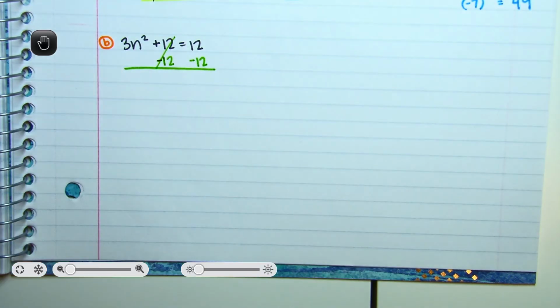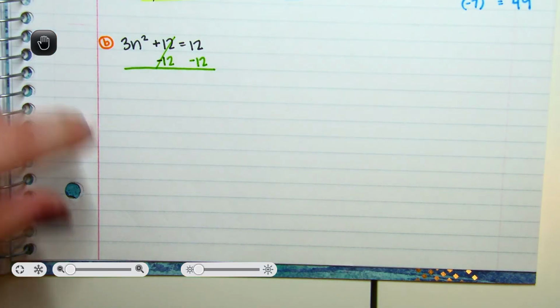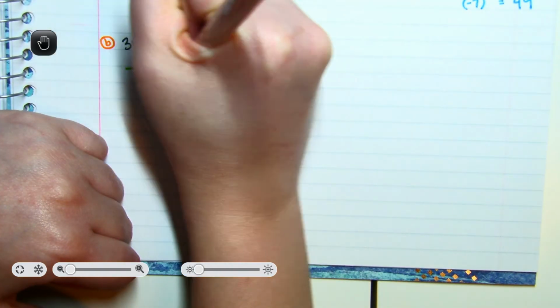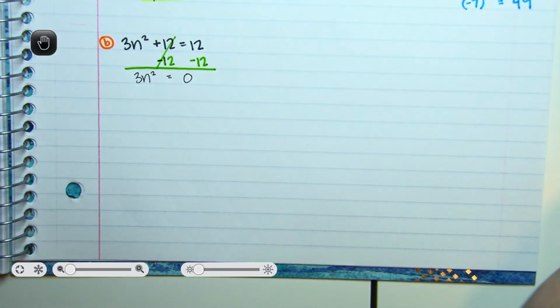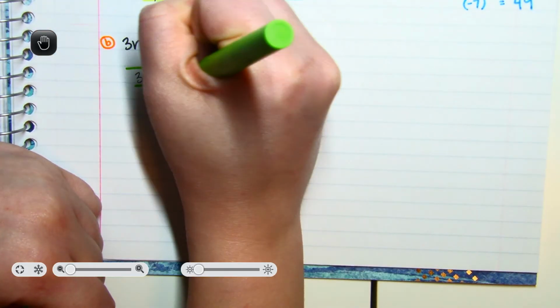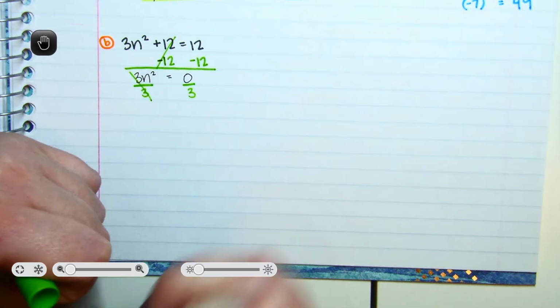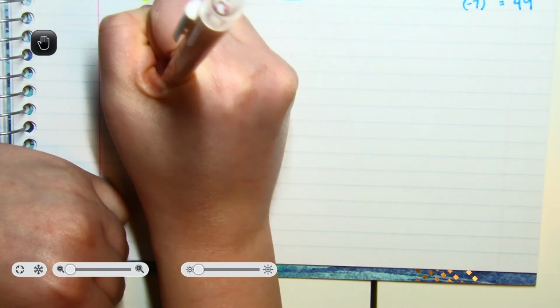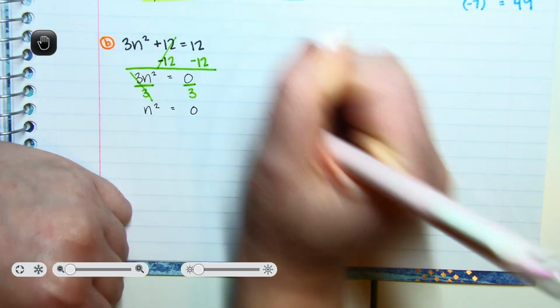So subtract 12 from both sides. Then we get 3n squared equals 0. What do I do next? You said divide both sides by 3. You are correct. So now we're going to have n squared equals 0.